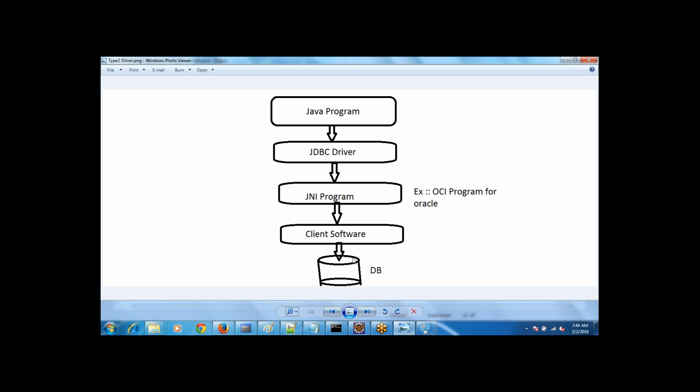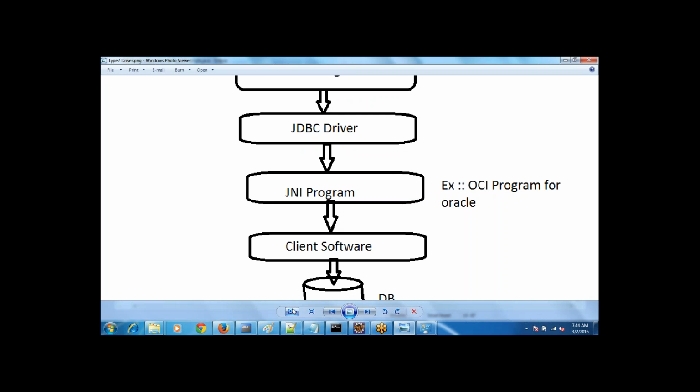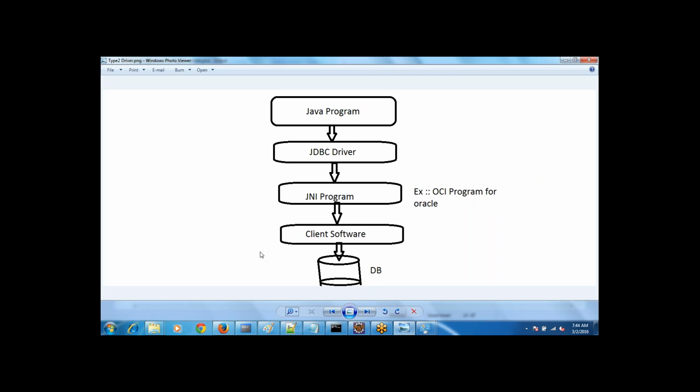So the main advantage here is that we are directly interacting with Oracle-specific programs. These are specific to the Oracle system. They've written the algorithm in such a way that once my instruction reaches this point, it performs every operation super fast, because all of them belong to their system only. So instruction execution is faster than the type 1 driver.